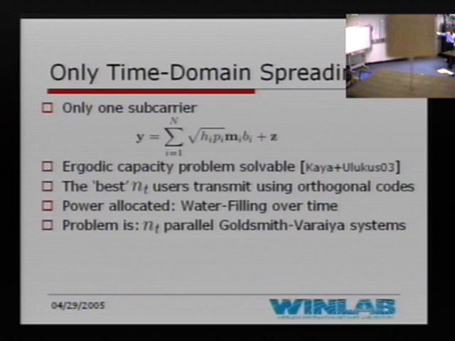Let only the best NT users transmit using orthogonal codes, and the power allocated is obtained by water-filling over time. In essence, this reduces to NT parallel Goldsmith-Varaiya systems because they are using orthogonal codes. So this is a solved problem.